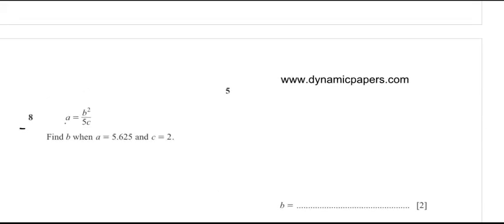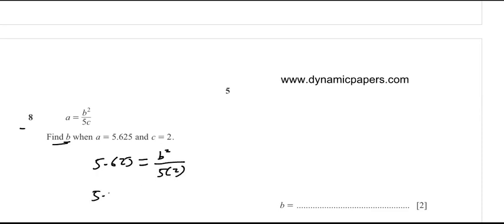Okay, question number 8. A is equal to B square over 5C. Find B when A is equal to this and C is equal to this. So it's very simple. Put the values. A is 5.625, equal to B square, which we have to find, over 5C. C is 2, so 5 into 2.